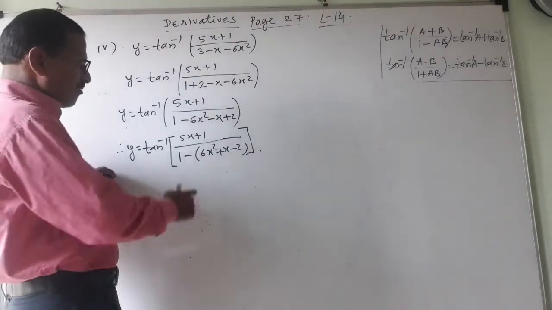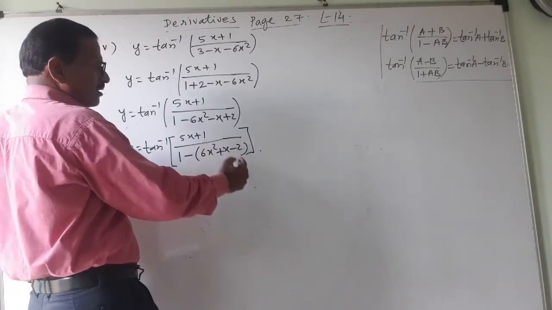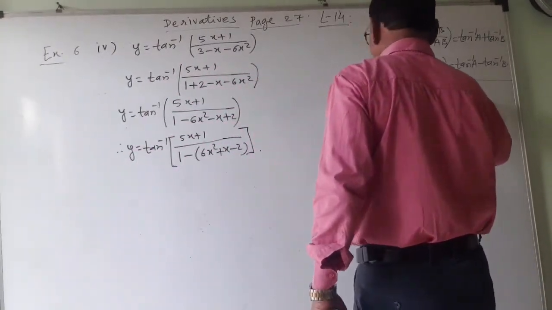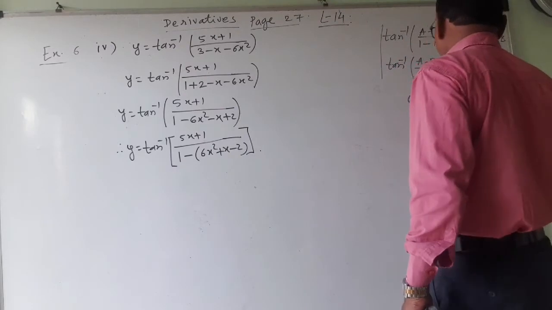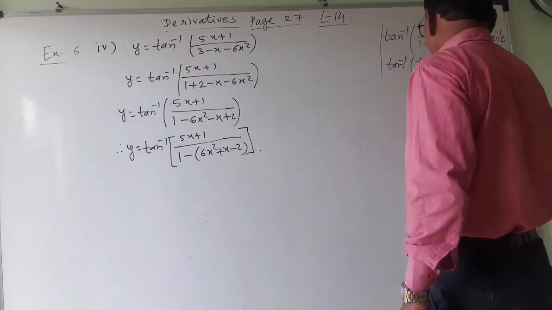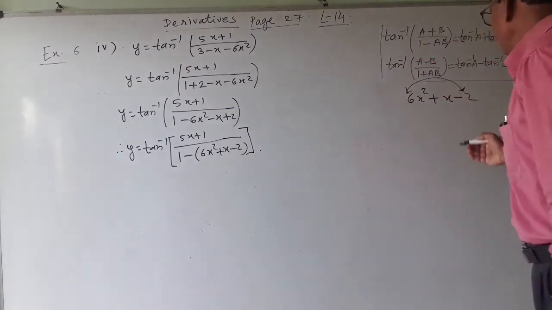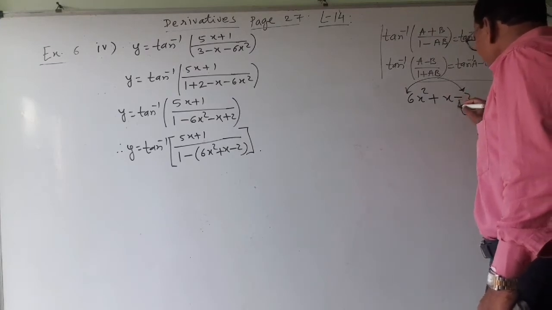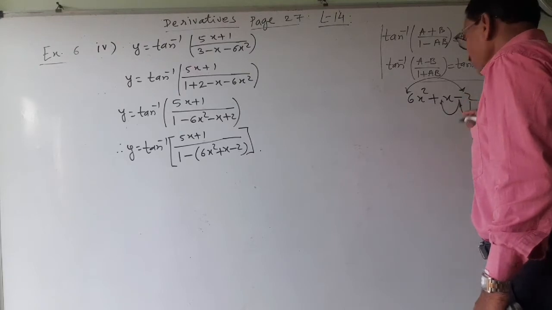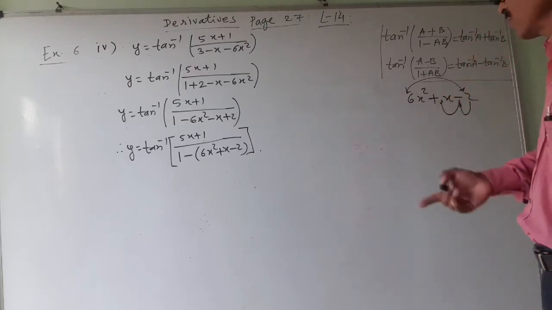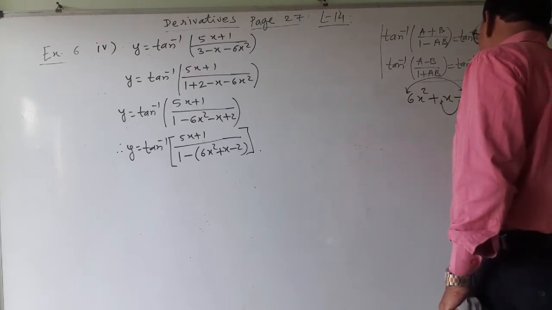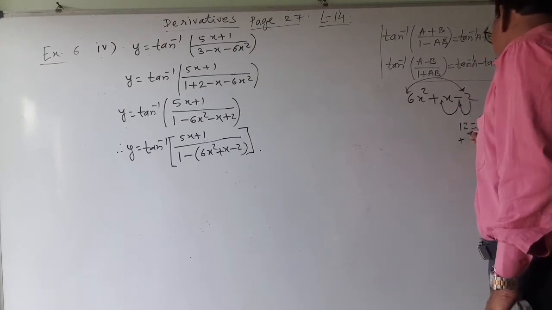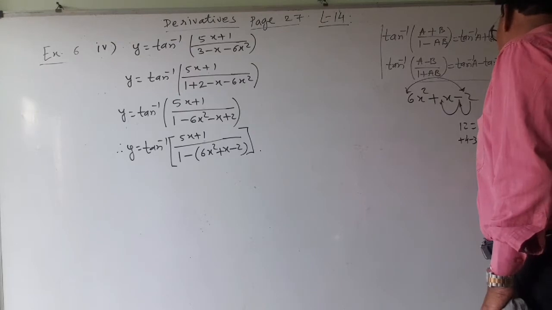Now, as usual, I will find the factors of this. How to find the factors? 6x square plus x minus 2. 6 times 2 is 12. Find the factors of 12 such that their subtraction is plus 1. Subtraction means one number should have a positive sign, one number should have a negative sign. So 12 is equal to 4 into 3. The bigger number is 4, plus 4 minus 3, and that is equal to plus 1.